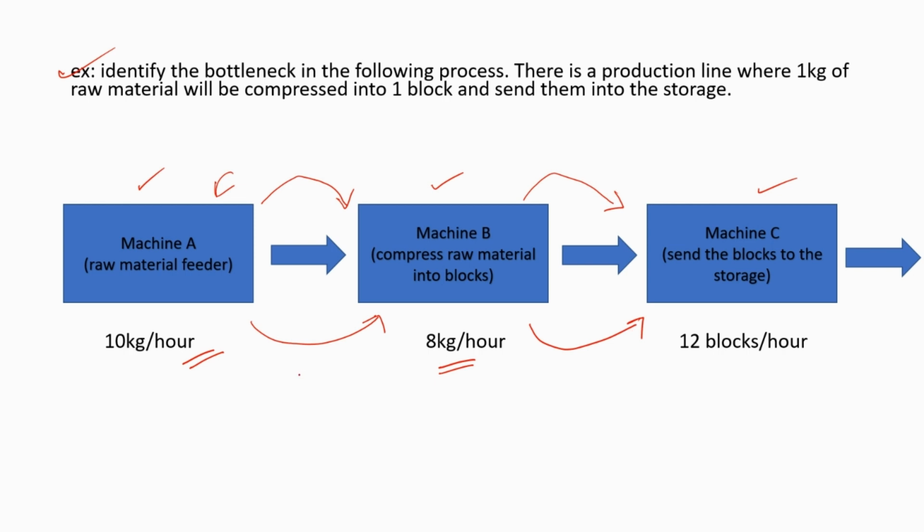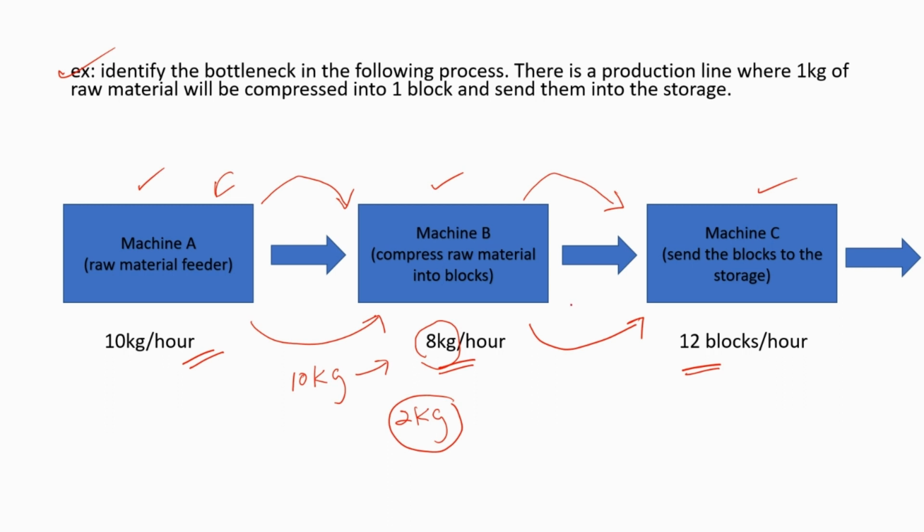As you can now understand, within an hour, machine A will feed 10 kilograms of raw material into machine B, but machine B can only compress 8 kilograms of raw material into blocks, which means 2 kilograms of raw material will be left out, but machine C can send 12 blocks within an hour.